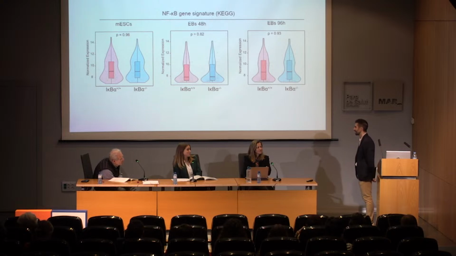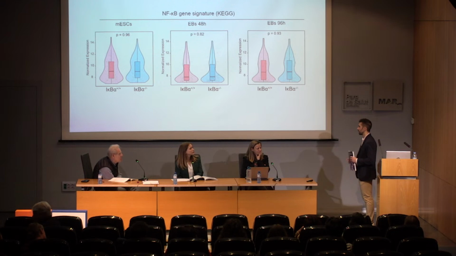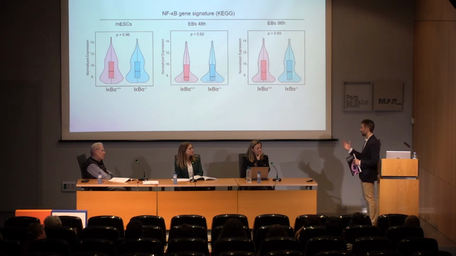Because we still need to define better the lysine 9 trimethylation landscape in the knockout. But I think this lysine 9 trimethylation is crucial to keep a good cell identity.